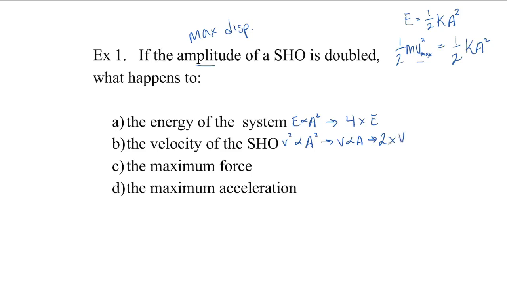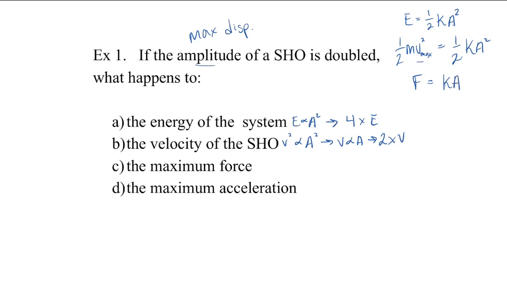The maximum force. So again, if I double the amplitude, what happens to the force? Okay, I need to look at a different equation. So remember, how is force related to springs? Oh, we have an equation for that. Force is equal to kx, right? Negative kx, but here I just care about the magnitude, not anything else.